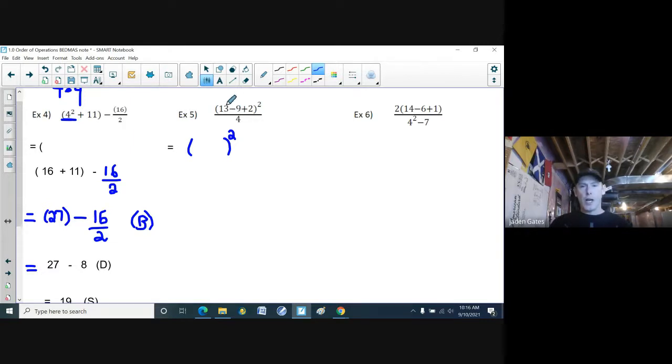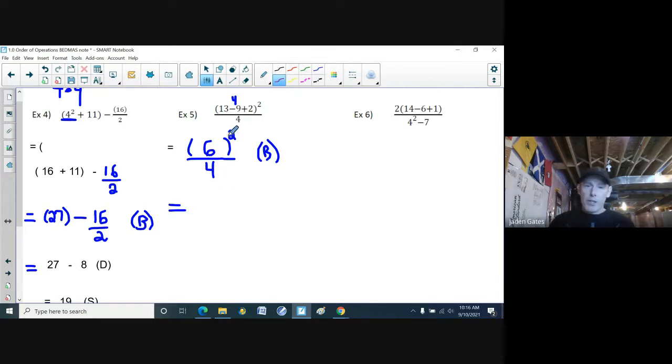And so I got 13 minus 9, which is 4, and then plus 2. Well, 13 minus 9 is 4, plus 2 is 6. So I have a 6 squared, and I still got this divided by 4 here. So there, I just figured out, using BEDMAS, what was going on inside the brackets. All right, now, next up.